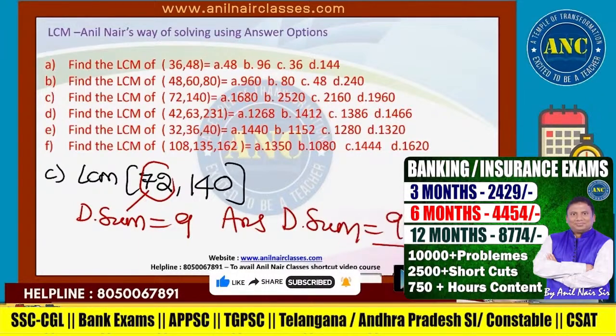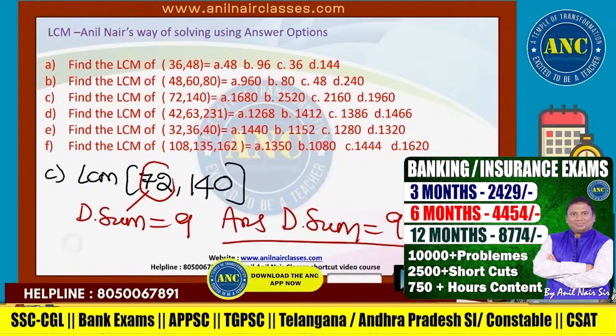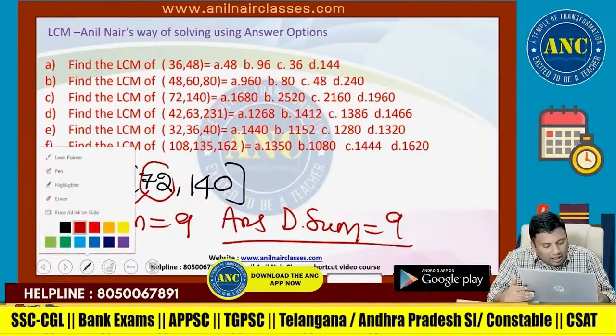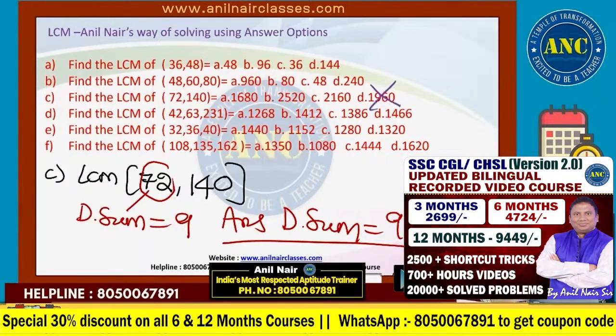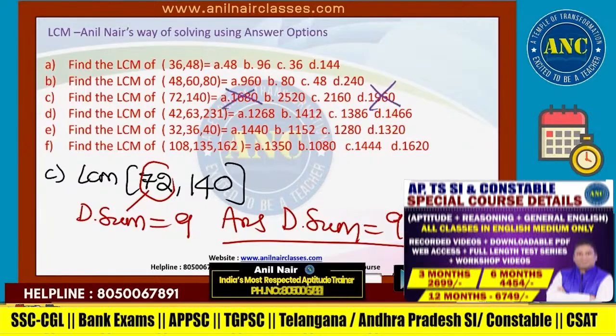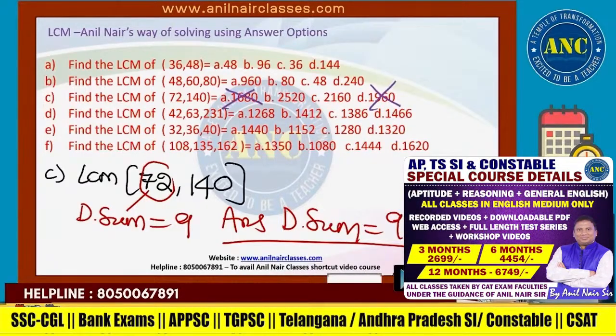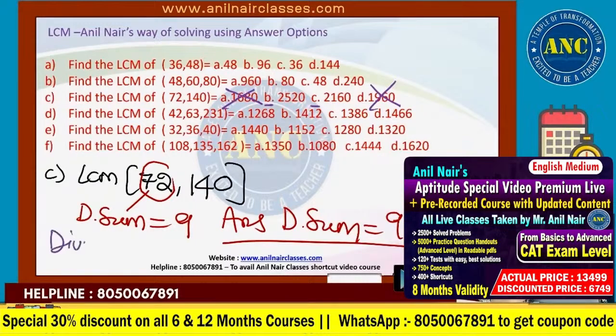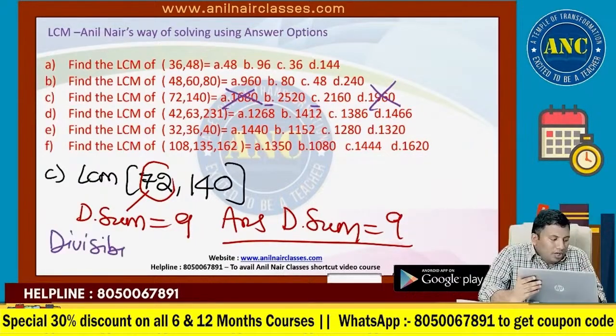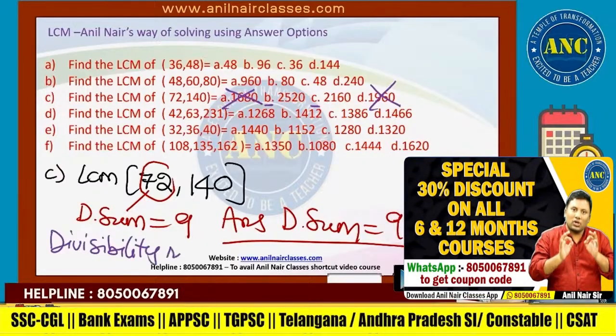Check by answer options. This is not 9. This is not 9. I am stuck with two options, B and C. Then go by the divisibility rule.